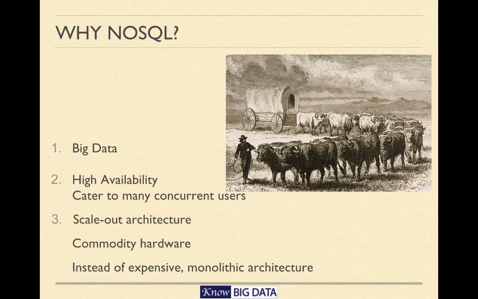We want big data, as in, we want to store petabytes of data. Second, we want reliability and availability, meaning in case there are many concurrent users or in case there is a hardware failure, your system should survive that. Third, you want scale out architecture.